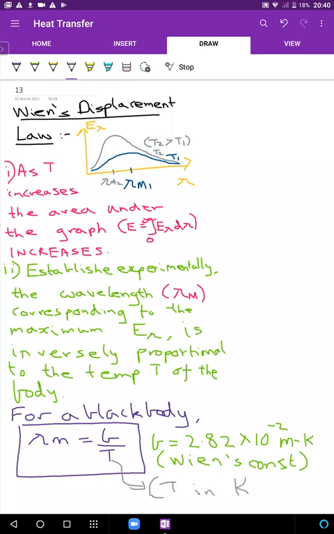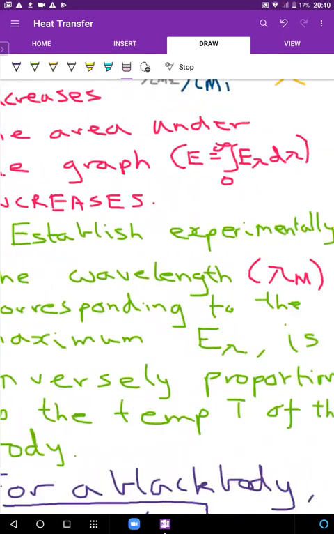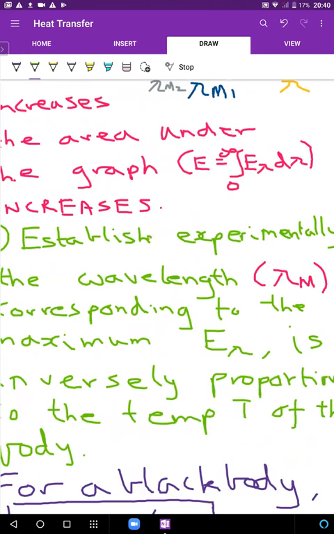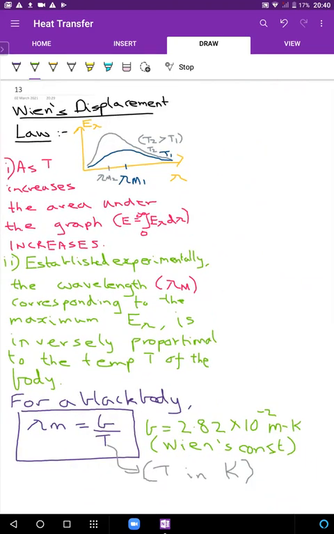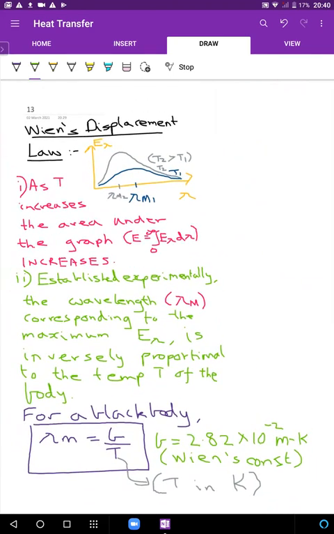The law was established experimentally. So this entire law and this formula have been established experimentally.